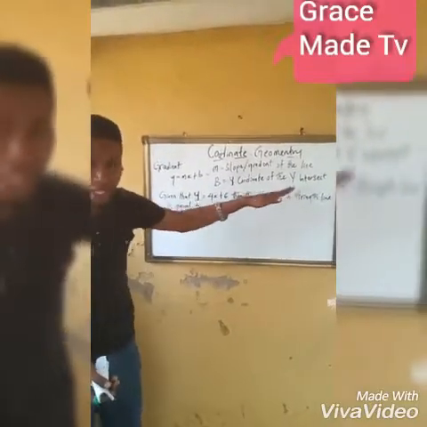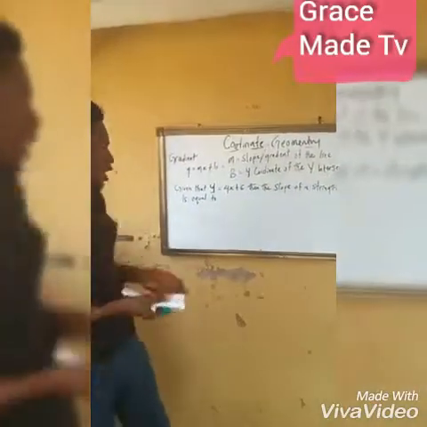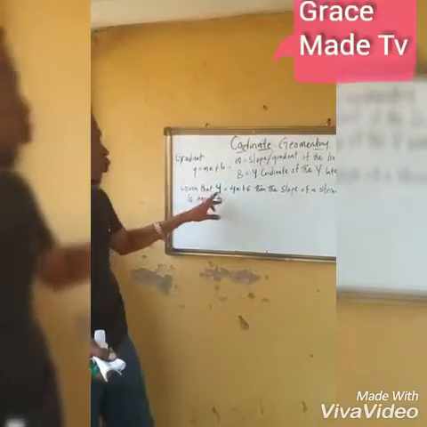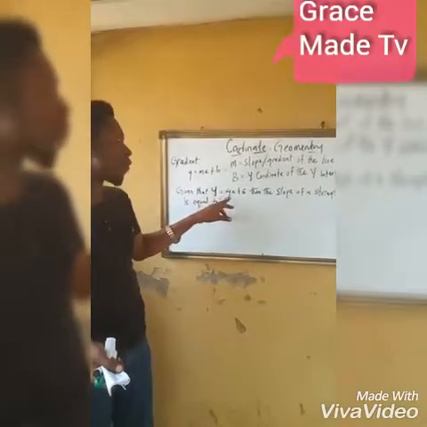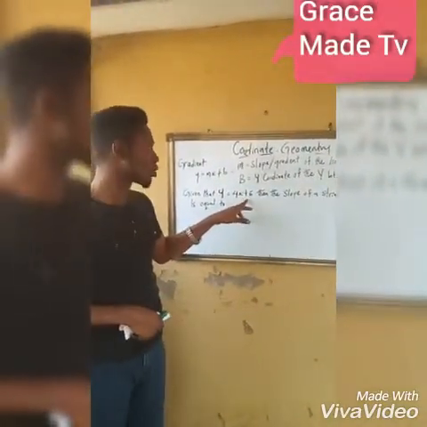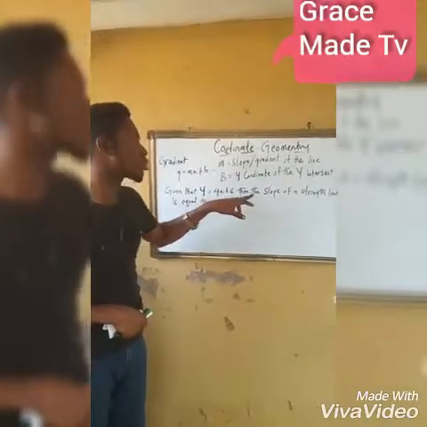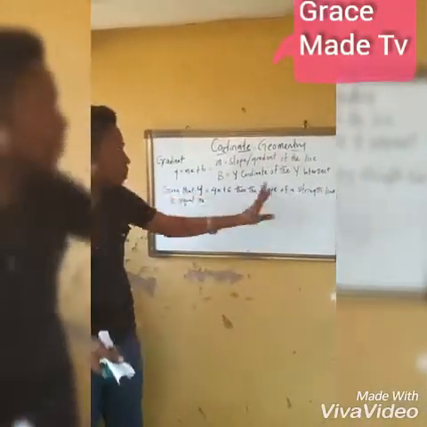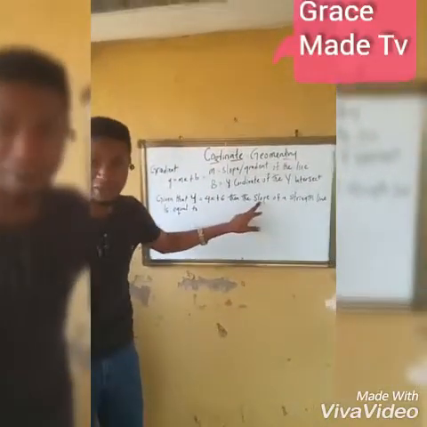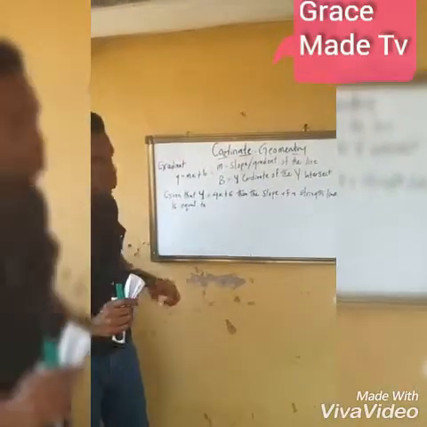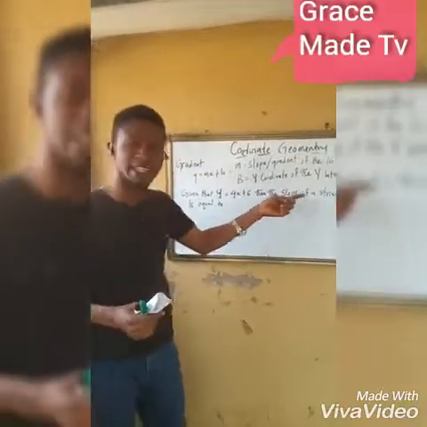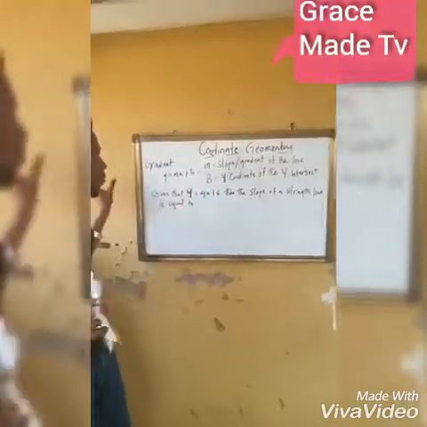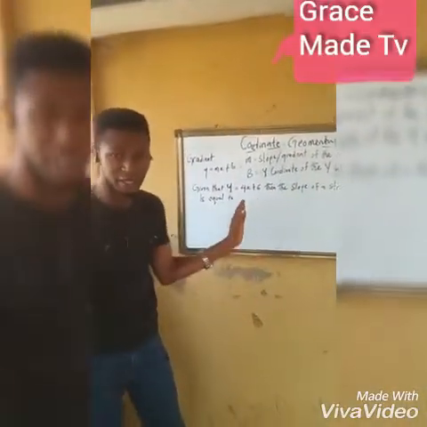For instance, given that y equals 4x plus 6, what is the slope of the straight line? Remember, I told you that slope is the same thing as gradient. You are not asked to solve anything here.